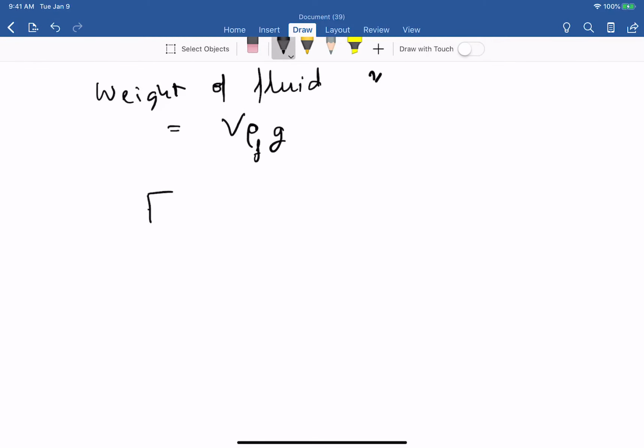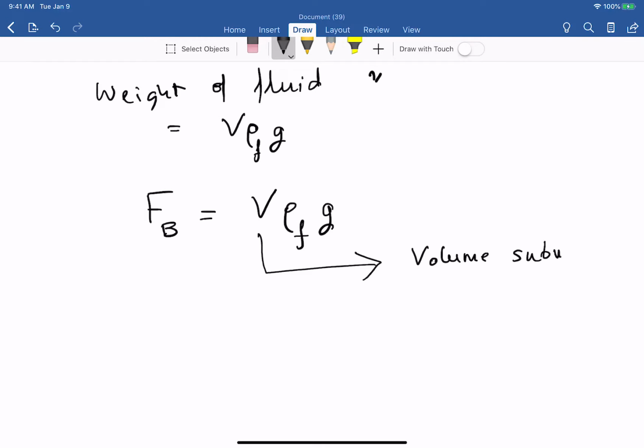The buoyant force on an object is equal to the volume submerged multiplied by the density of the fluid multiplied by g. It's very, very important to pay attention to two things in this formula. Number one, what is the V? V is not necessarily the volume of the object. It is the volume submerged.